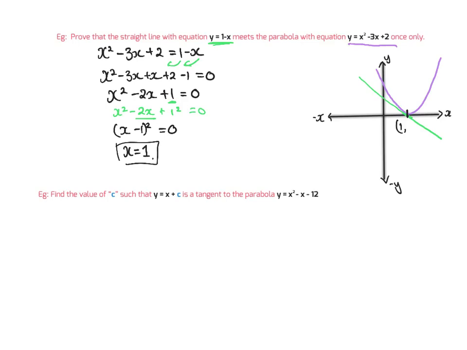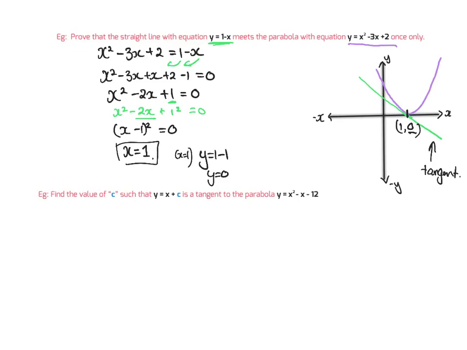Okay, and if you had to find out the y value, we'd sub that in, y equals 1 minus 1, so that's using x equals 1. We get y equals 0, so there's our point. So that's where it meets. So once again, that's called a tangent, that green line, tangent to the parabola.